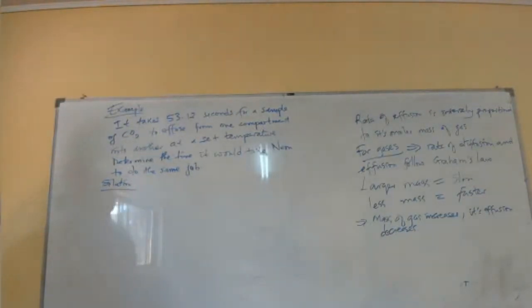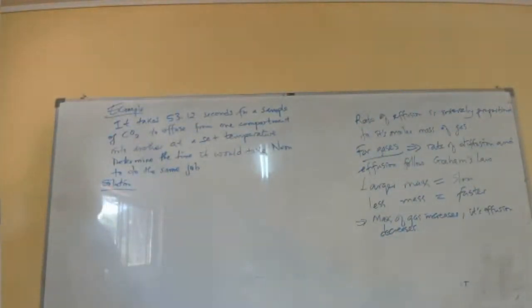You are given the time taken for carbon dioxide to move from one compartment of a container into another. Now the question is, can we determine the time that it would take for neon to do the same job?